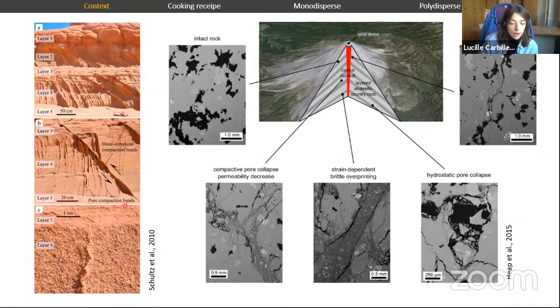These bands are deformation features that develop in response to the stress conditions at the field location. These bands have likely changed the macroscopic behavior of the rock formation. For instance, they might act as barriers to fluid flows. And so we want to know how and why they grow with these geometrical attributes, and then be able to predict their formation in other geological settings, or maybe monitor their evolution.